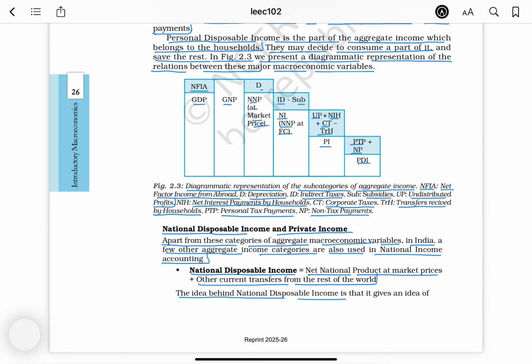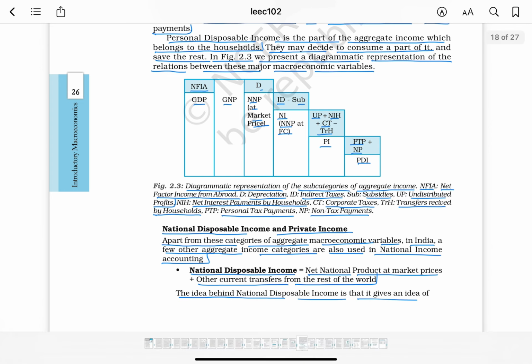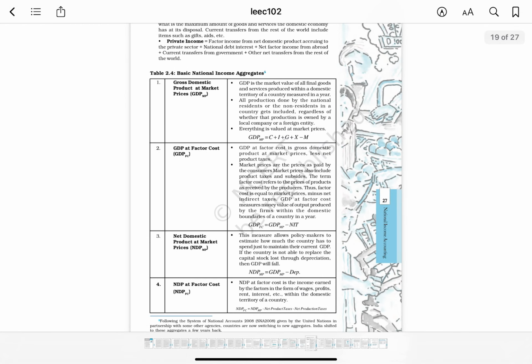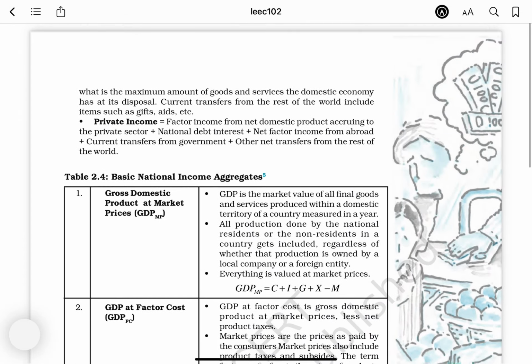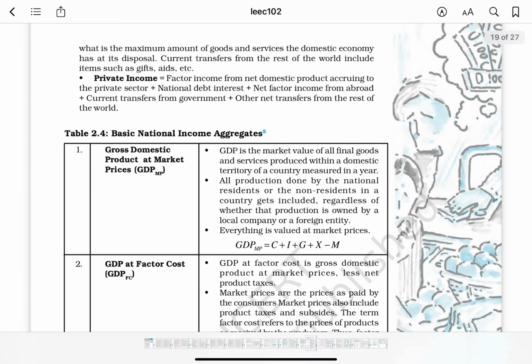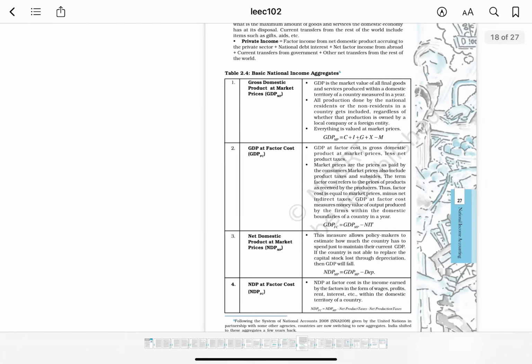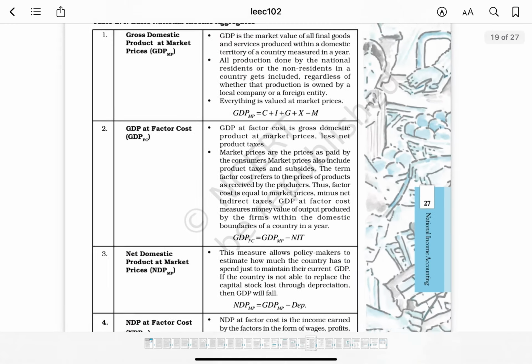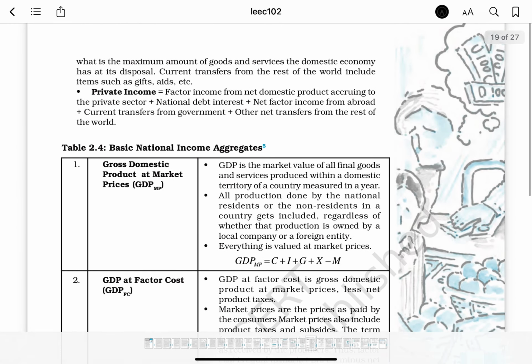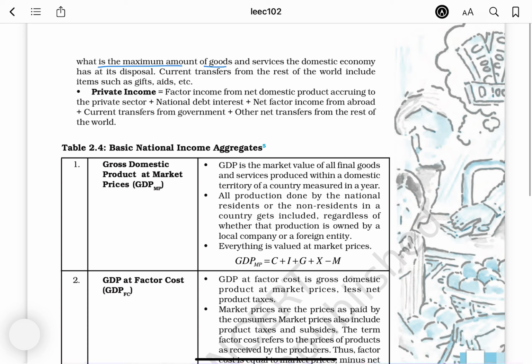The idea behind national disposable income is that it gives an idea of what is the maximum amount of goods and services the domestic economy has at its disposal. Current transfers from the rest of the world include items such as gifts, aids, etc.